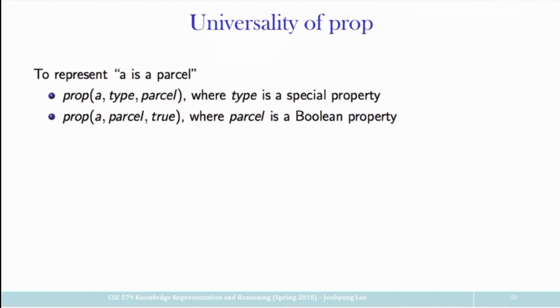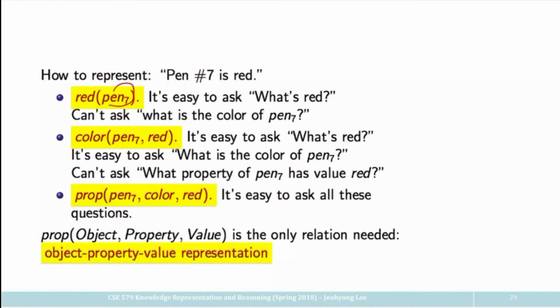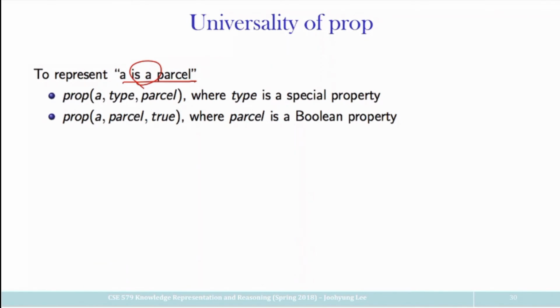Now you can also introduce some other concept like A is a parcel. Okay, so some object A is a parcel. Then you actually need some special instances. So what do we mean by that? Okay, so that has to be some predefined property. So we say type.